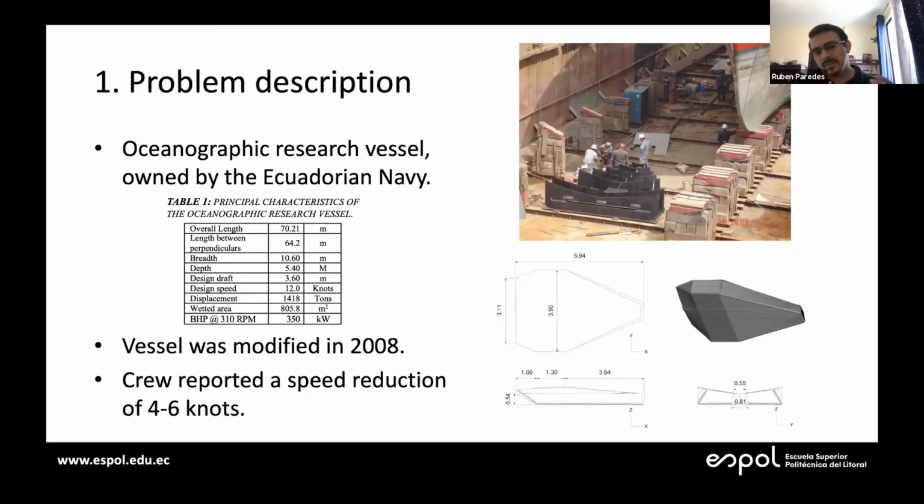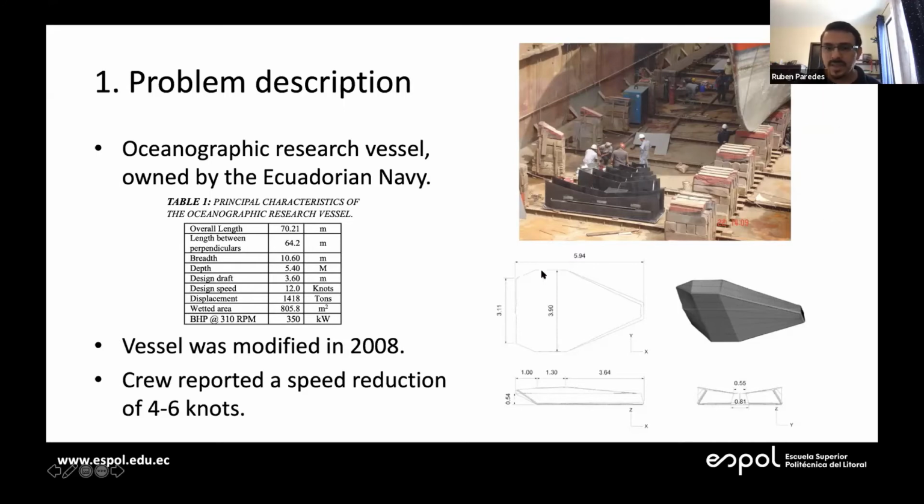And back in 2008, a sonar system was added in the lower part of the vessel. In order to protect that sonar equipment, a dome was fitted on the lower part of the hull.